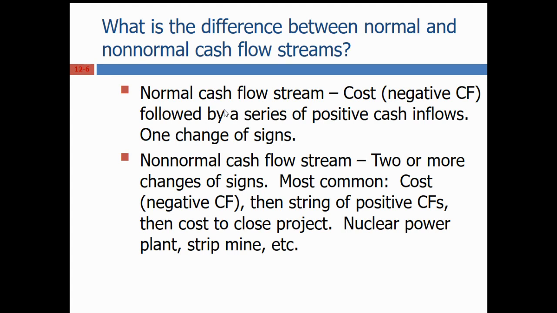The non-normal or abnormal cash flow stream happens when at the beginning of the project you have a negative cash flow, then followed by positive cash flows, but at the end of the project you have another negative cash flow. This usually happens in projects where you need to spend some money in order to end or complete the project.